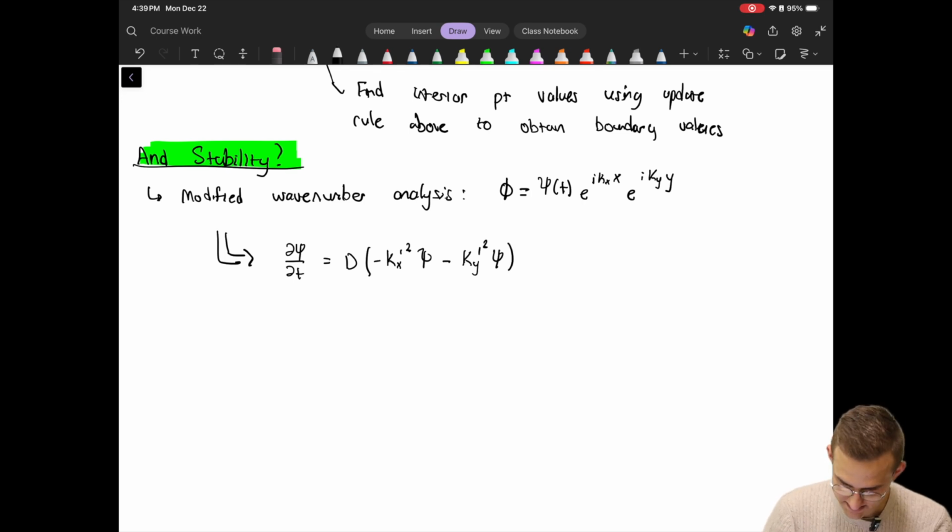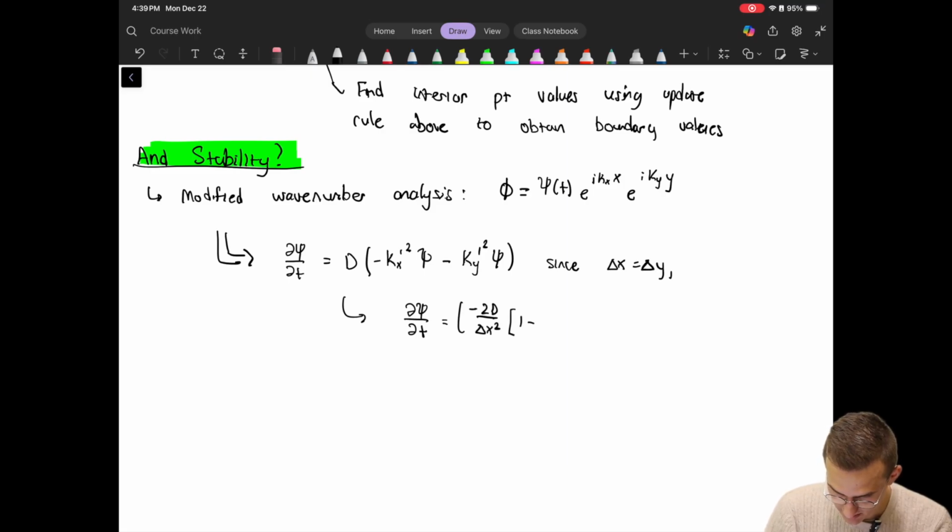And then since delta x is equal to delta y in this case, you get the following, where d psi dt is equal to minus 2d over delta x squared times 1 minus cosine of kx delta x, minus 2d over delta x squared times 1 minus cosine of ky delta x.